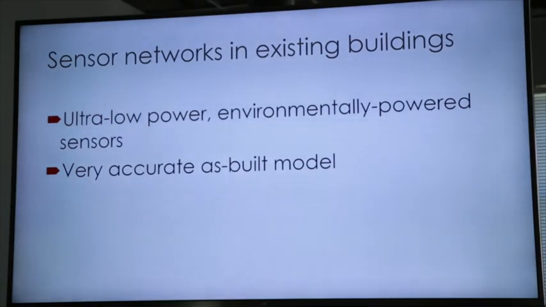So there's a professor that used to be at the University of Arkansas, is now up in Maryland, who's done research in this area where you're either using heat, ambient heat to power the sensors, or light or air movement. And so basically you tie the sensor data into this very accurate as-built model. You can really start to use that to analyze the environmental conditions inside this and see if it's actually performing as planned and make the changes appropriately.